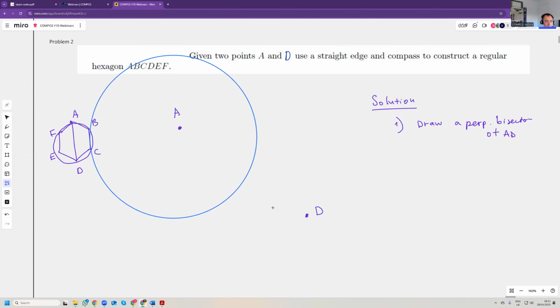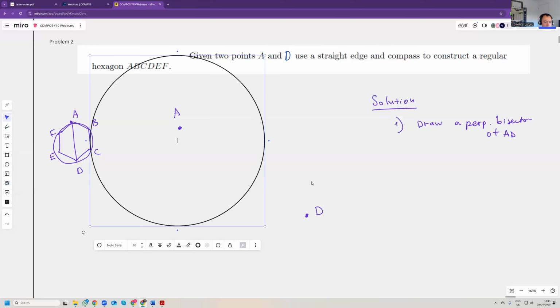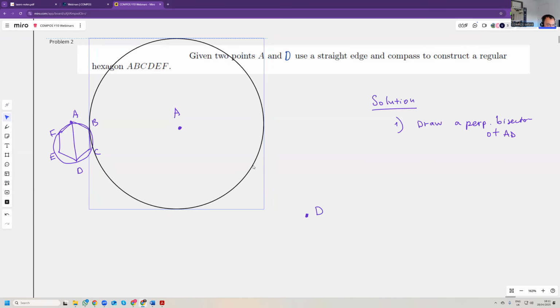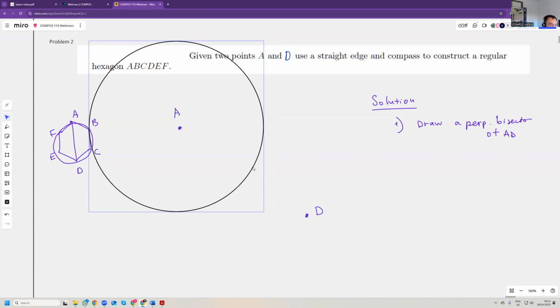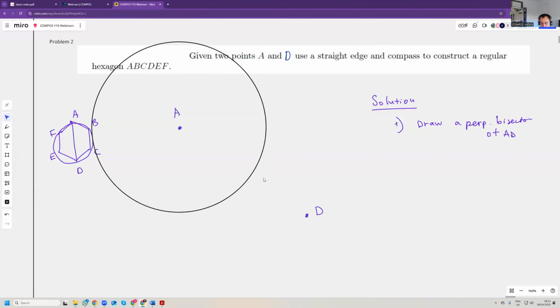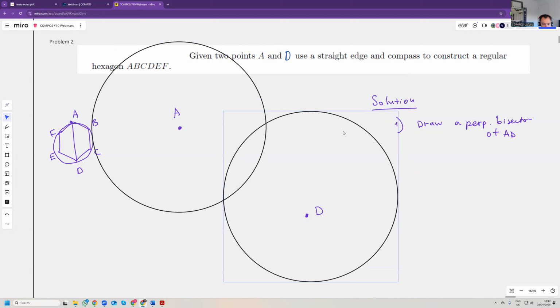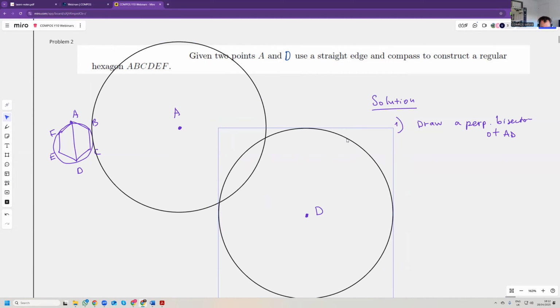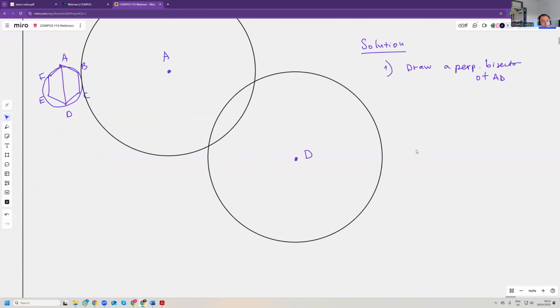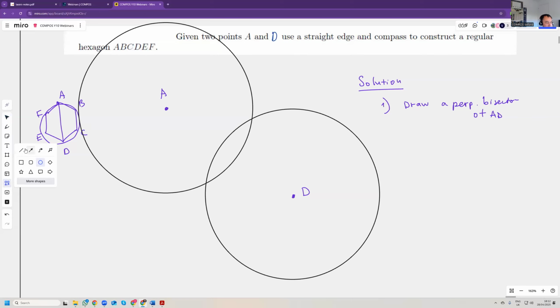Now, if I draw a circle like this, and if I do a decent job putting A in the center, I can copy that and put it on D. Okay. And that's my bisector. Okay. I'm getting clever as we go along.